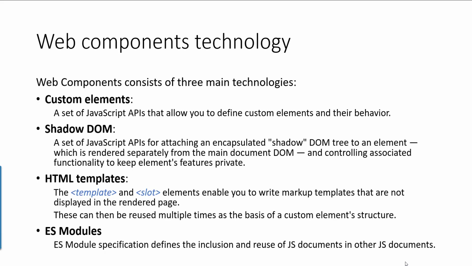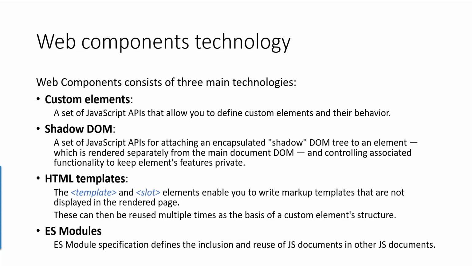For building web components, we need to understand primarily four things. We can say they are the core technologies required for building custom components or web components. Primarily, a custom element. A custom element is a JavaScript API that allows you to define elements and their behavior.